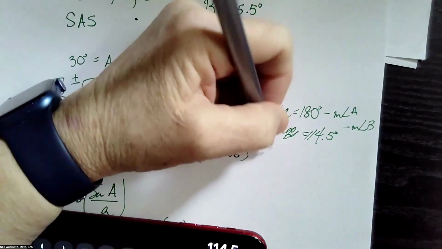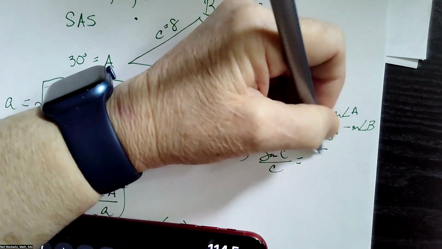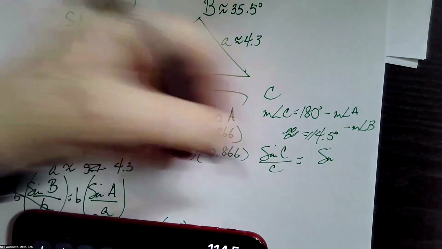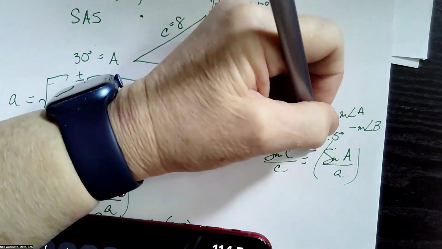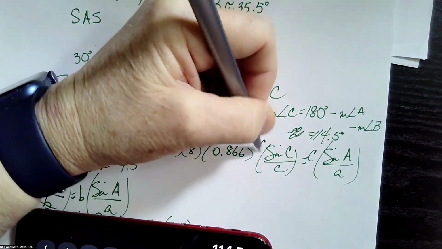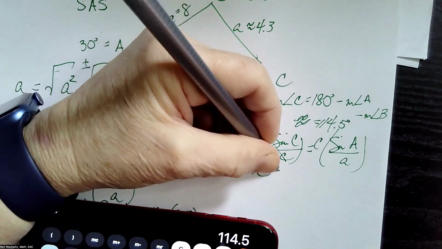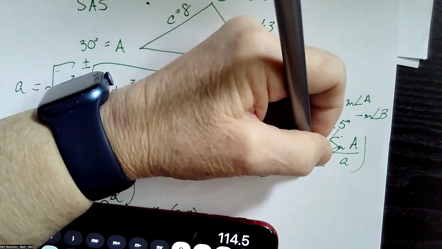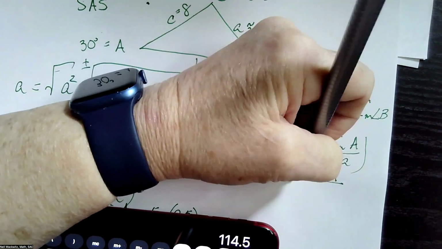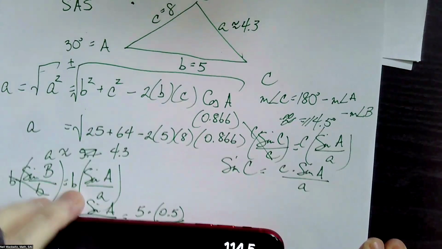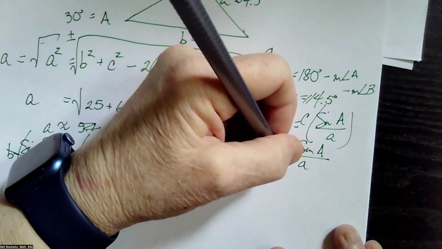So here we'll have the sine of C over little c equals the sine of A over little a. I'm going to multiply both sides by little c so that we have the sine of angle C is c times the sine of angle A divided by little a. Side C is 8.